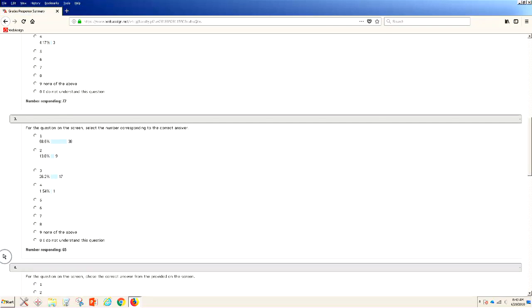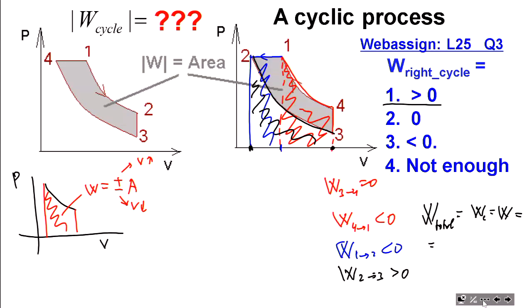So we have a winning answer, which is number 1, which is positive, which is wrong. So democracy doesn't work in physics.